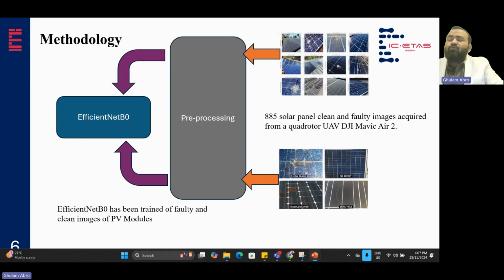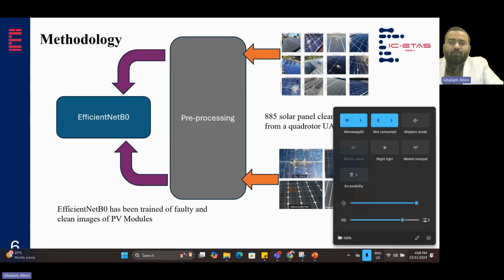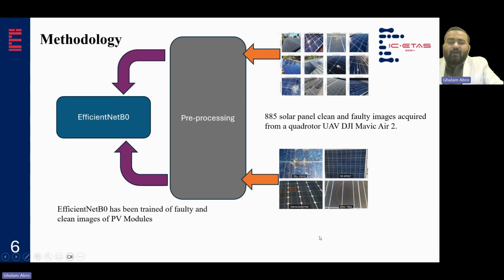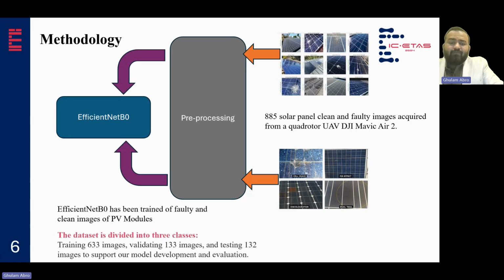We flew a drone to capture these images. The drone used was a UAV DJI Mavic Air 2. Almost 885 clean and faulty solar panel images were trained, and this is the methodology that we propose for this research conference paper.